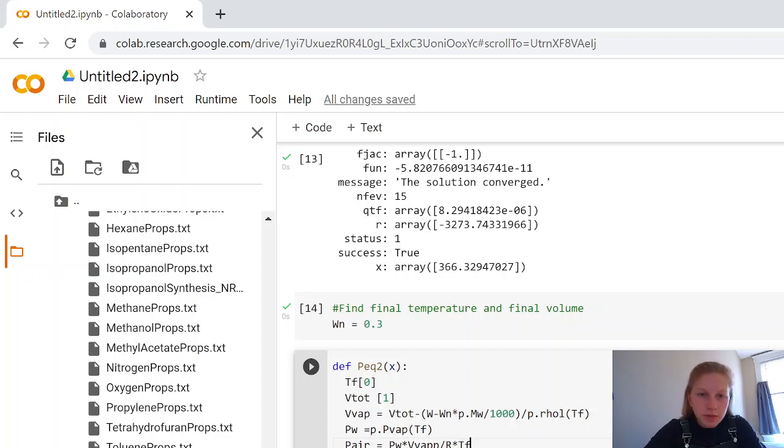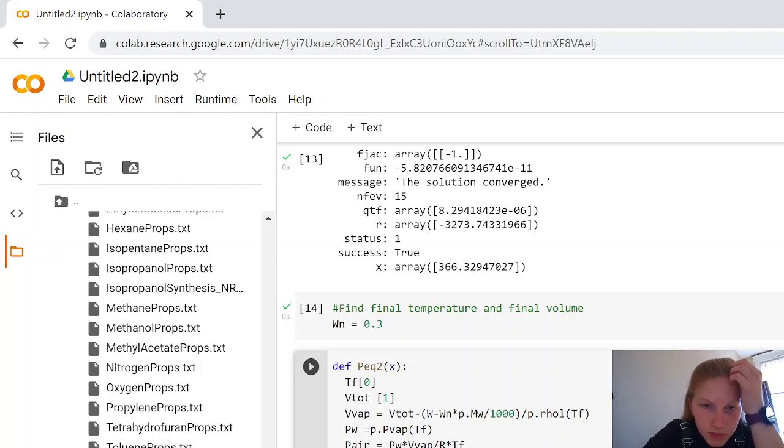At the final temperature. And then now we need to make a new variable for the number of moles of water in the vapor phase. So we'll just call it the water vape. And this is also just our P, because we have our pressure in the vapor phase multiplied by the volume divided by R times TF.